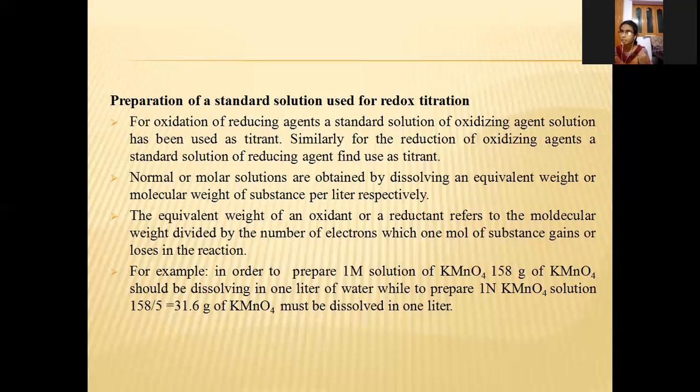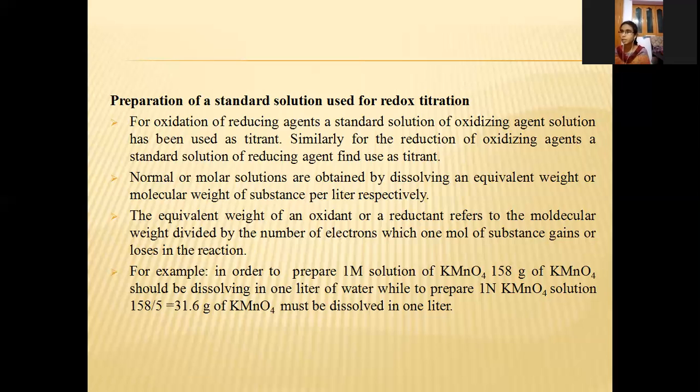And the reducing agent should be taken in the conical flask. For oxidation of the reducing agent, the reducing agent should undergo the oxidation process, so the oxidizing agent solution should be used as the titrant, which means known concentration.